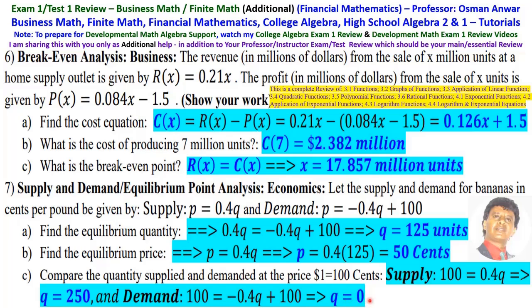The customer buys nothing, 0. And that is why supply and demand is very important in economics. You need to know how to set the price to make sure that the customer buys your product.